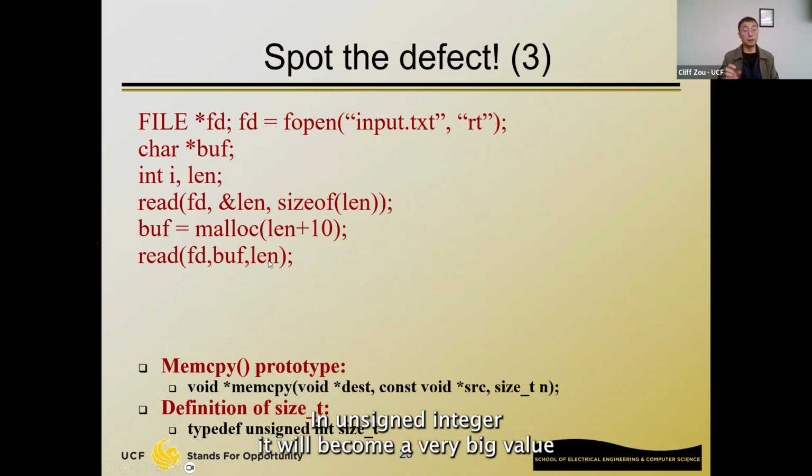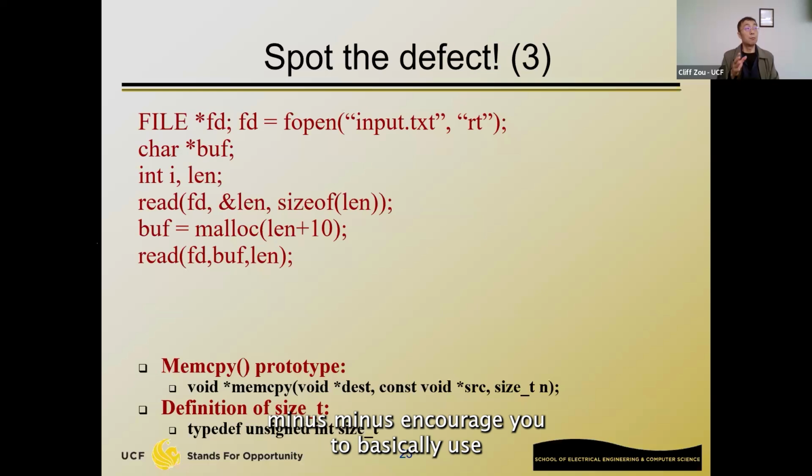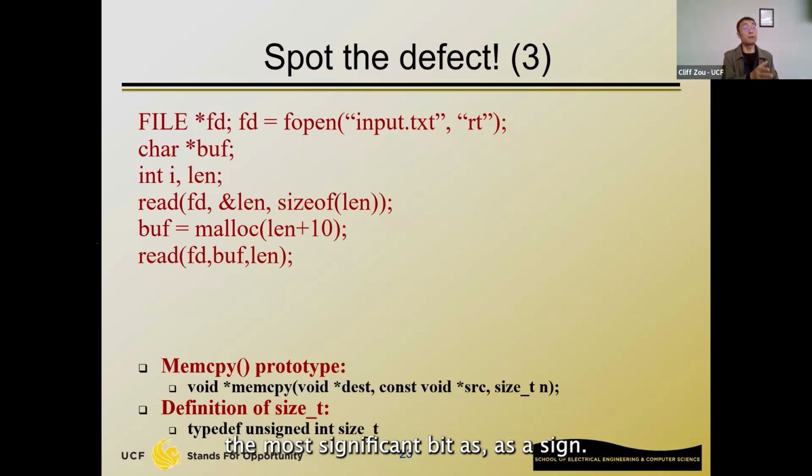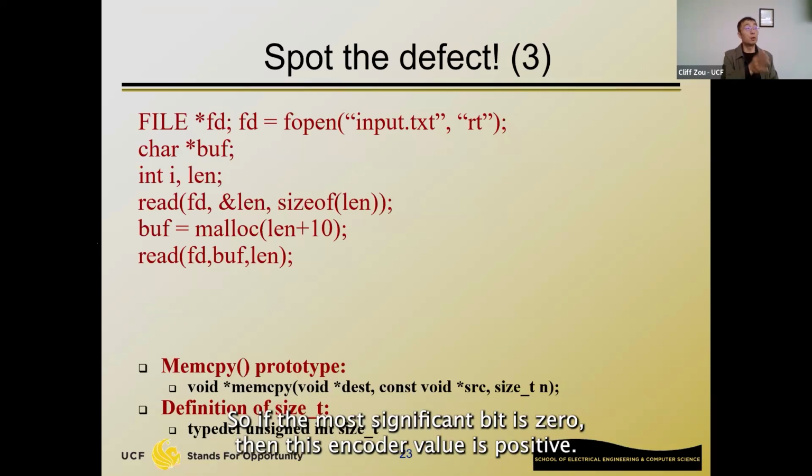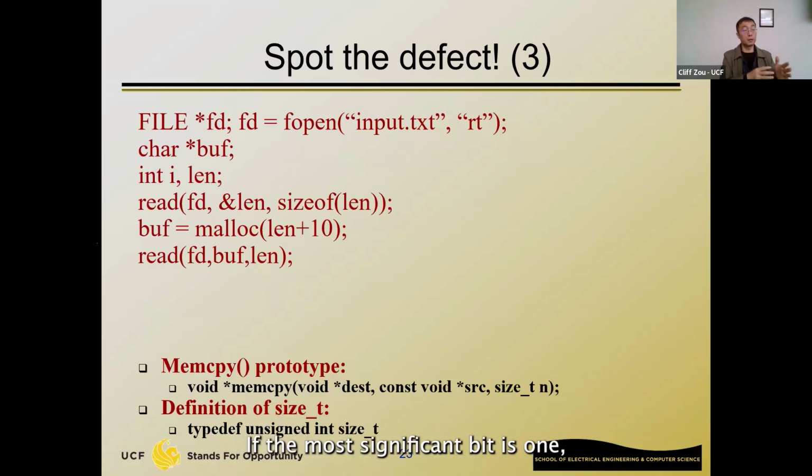The -5 as an unsigned integer will become a very big value. Because in current architecture, a negative integer uses the most significant bit as a sign. If the most significant bit is 0, then this integer value is positive. If the most significant bit is 1, then this integer value is negative.